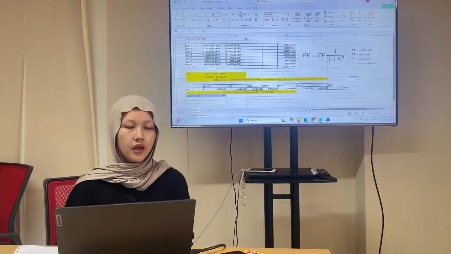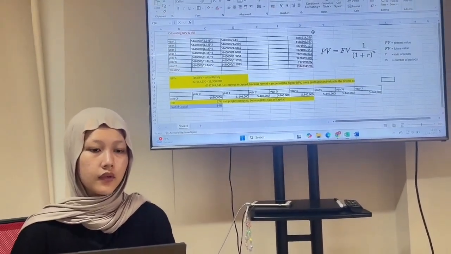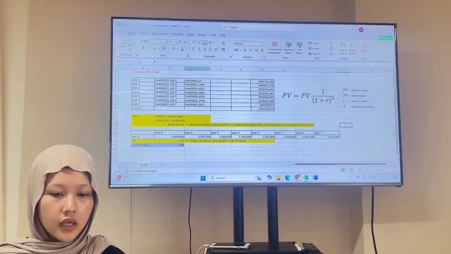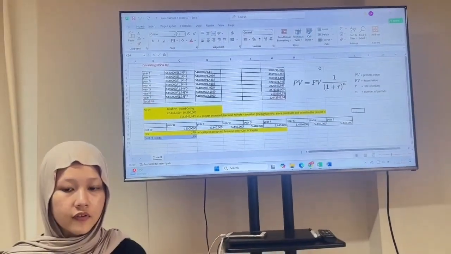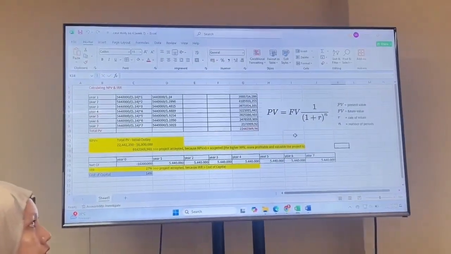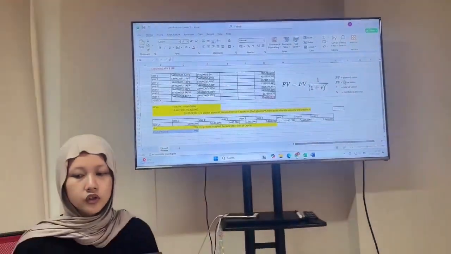Okay, for the second one, we are asked to calculate NPV, and the third one is IRR. To calculate NPV, we need to calculate the PV first. PV equals FV, which means future value.